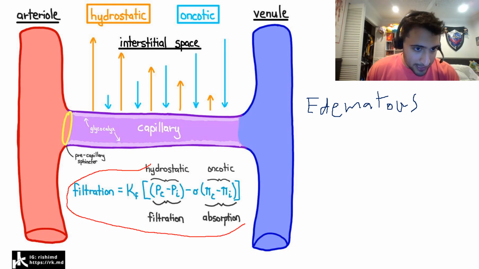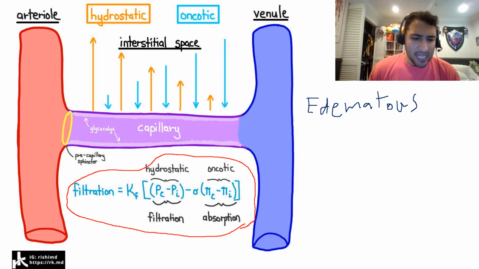To understand the edematous state, we have to look at this equation. Essentially, remember that filtration is equal to the difference between the hydrostatic and oncotic pressures multiplied by the permeability of the membrane.